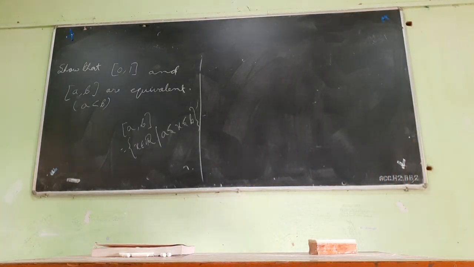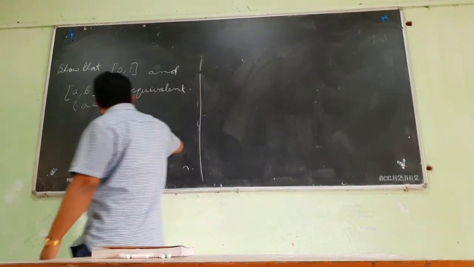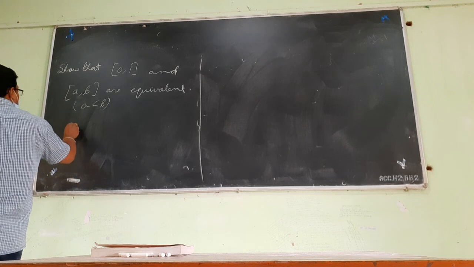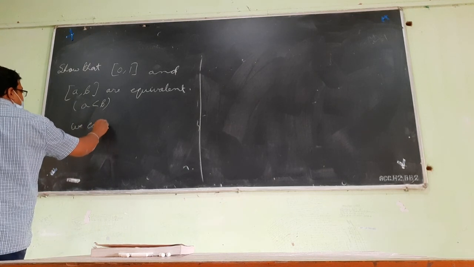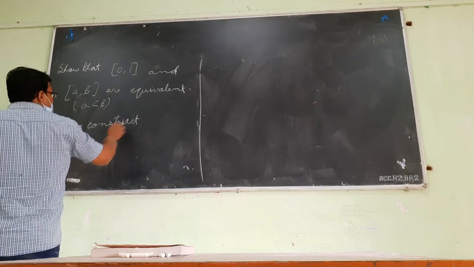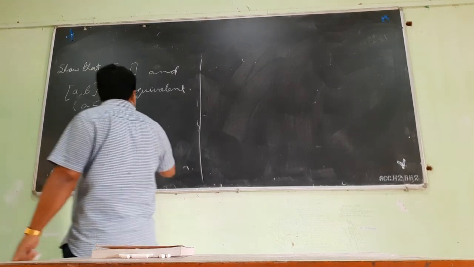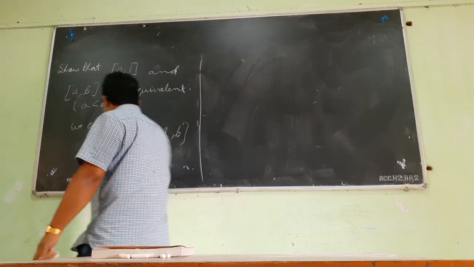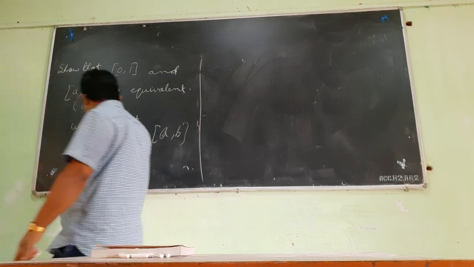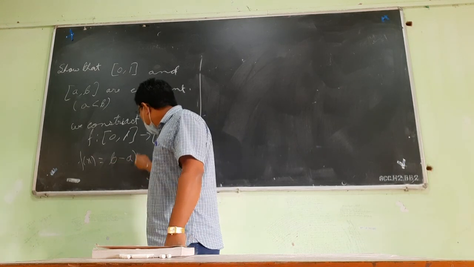So can you construct a function which satisfies this? We construct f from 0, 1 to AB by f(x) equal to (b minus a) times x. Okay?